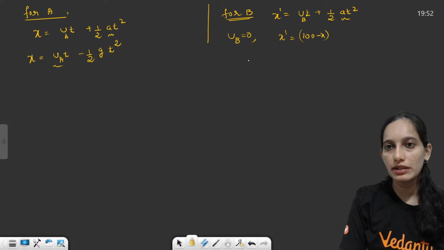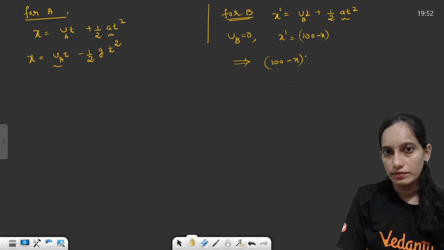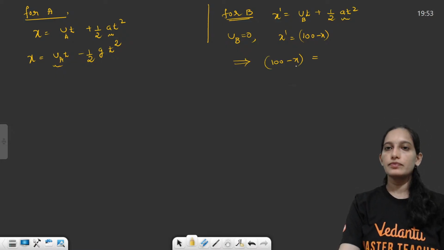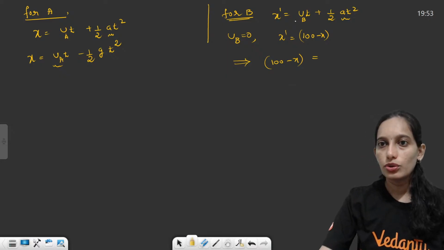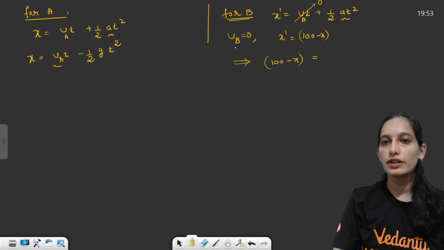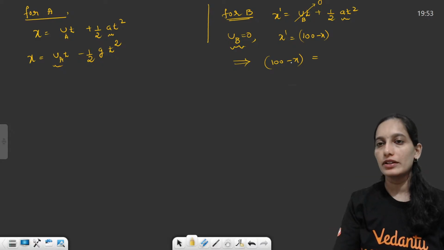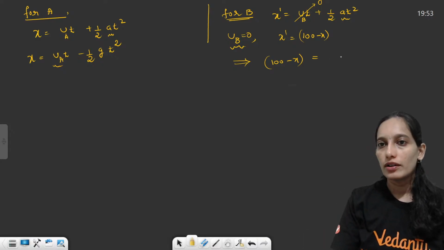So what do we get if we write it now? We get 100 minus x will be equal to, so this whole term goes to 0, because ub is 0. 0 into anything is 0. It is equal to half g t squared.